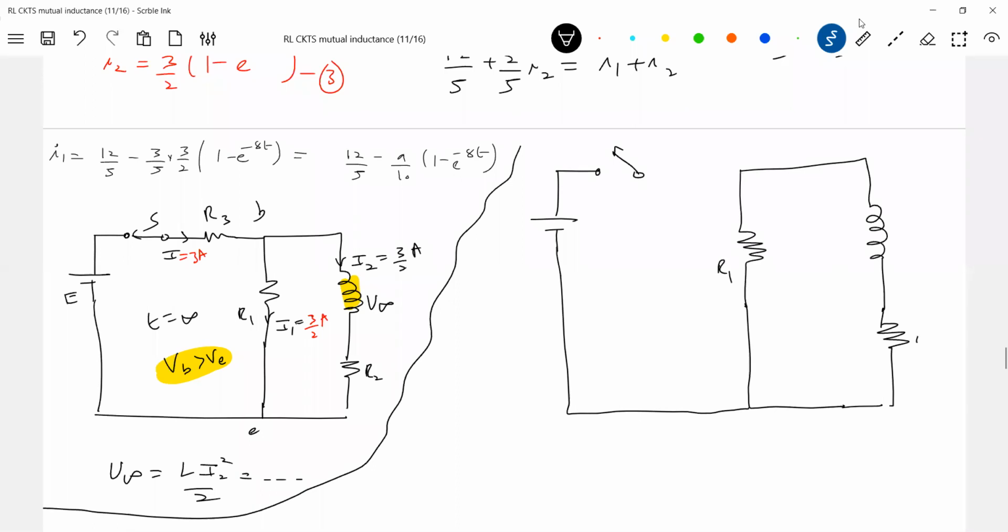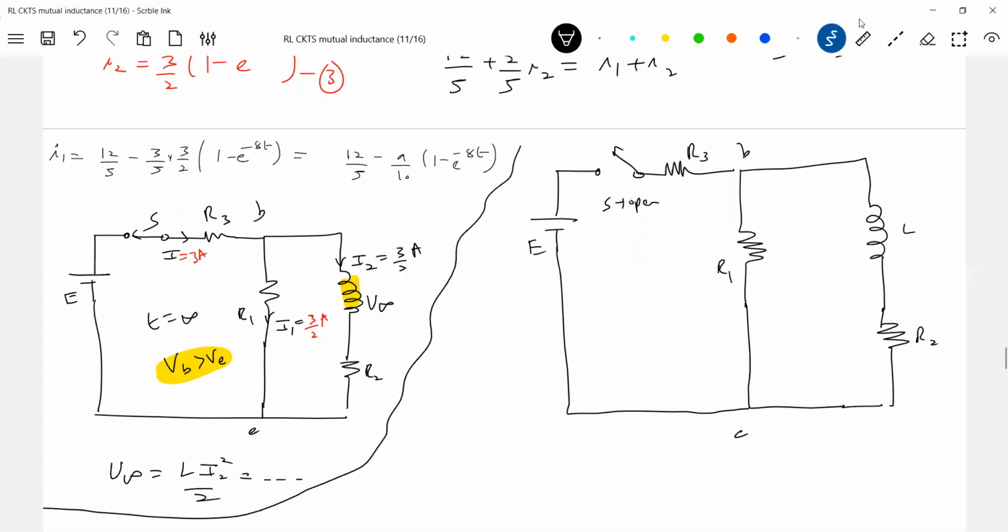I think yesterday I gave some idea of how to get that. Because the switch S is open, the resistor R3 and E will be cut off from the circuit. They are of no use now. So the current can flow only in this loop. This is B and this is A.